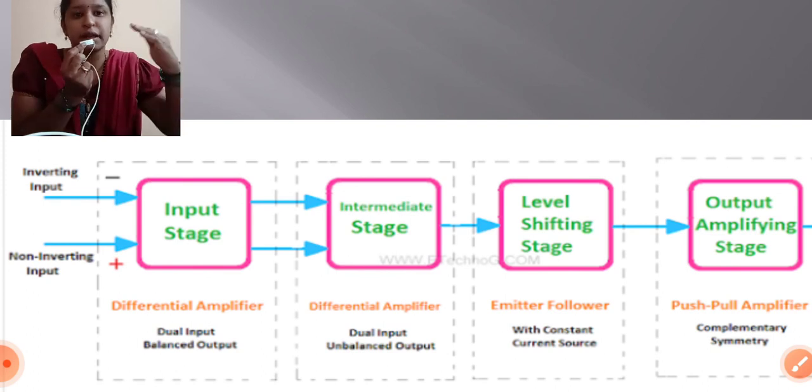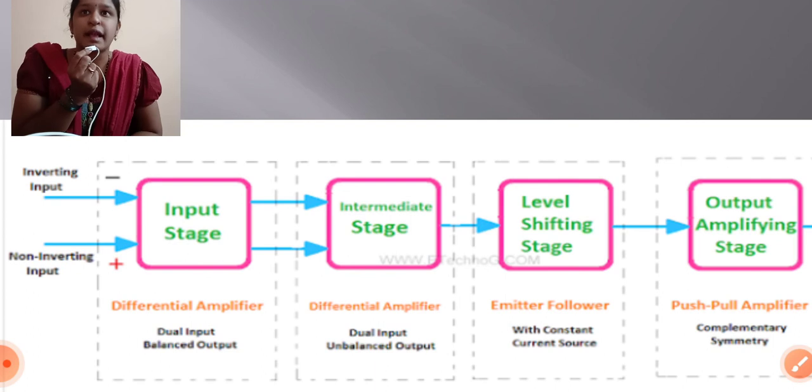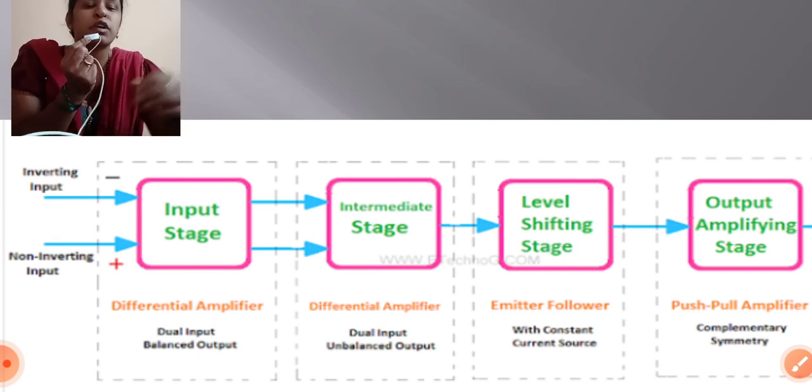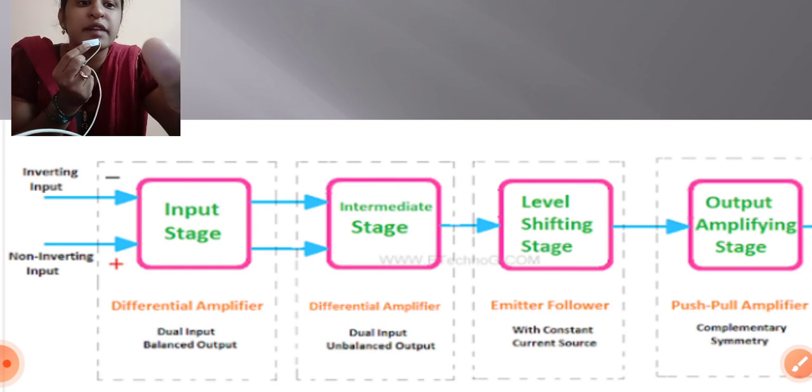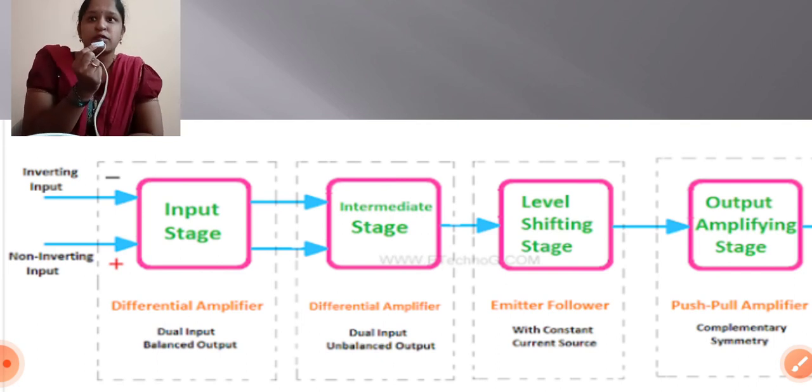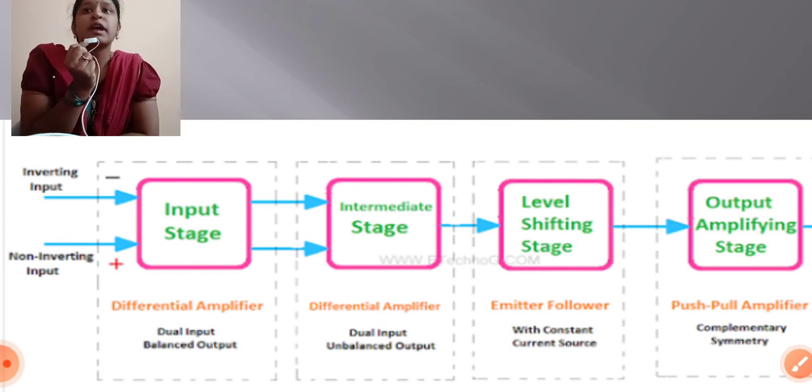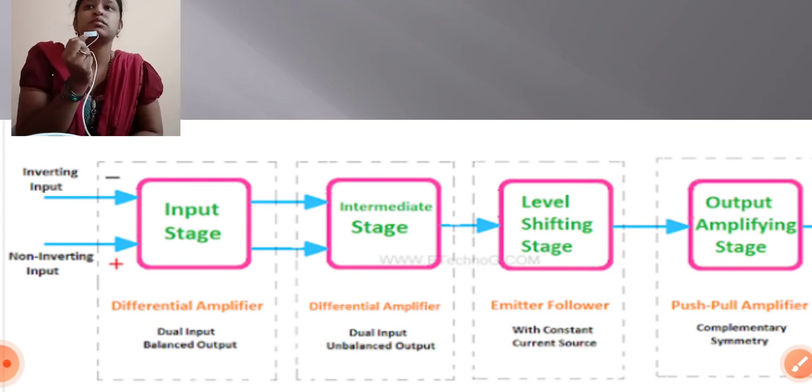Then after the intermediate stage, to shift the DC level at the output, level shifting is done with an emitter follower. Emitter follower you have studied in transistors. It shifts the output of the intermediate stage downwards to 0 volts with respect to ground.